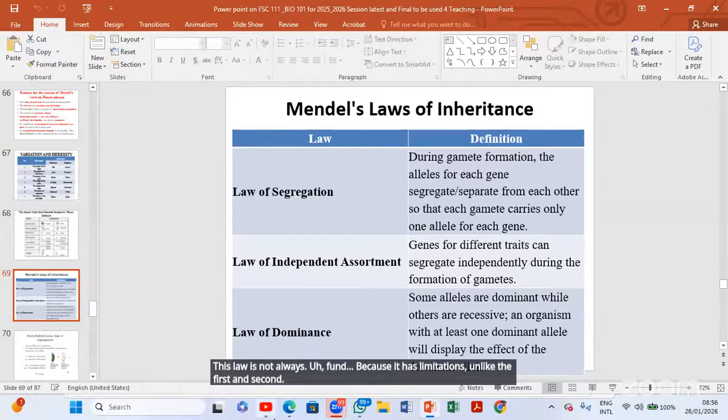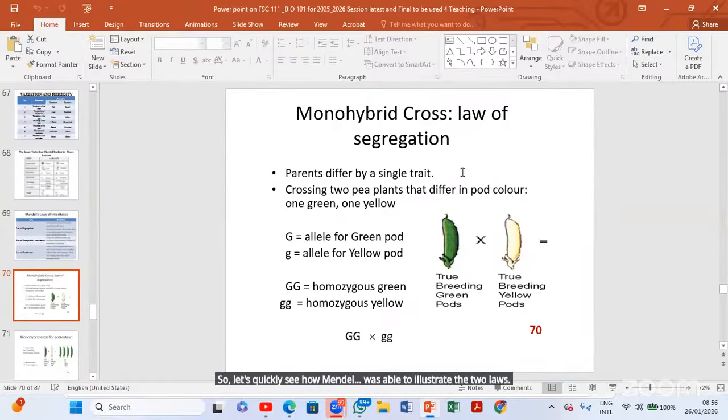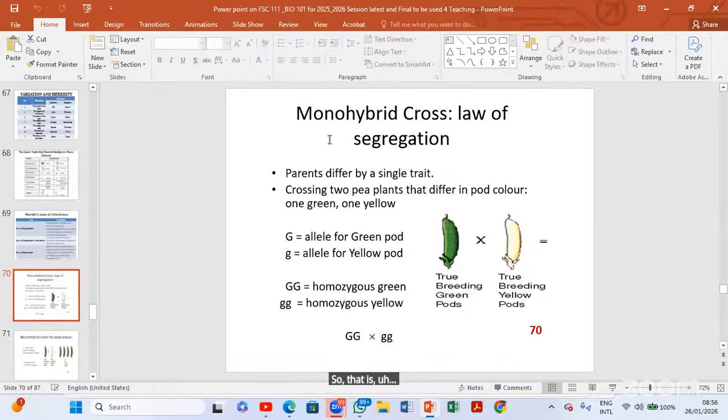So let's quickly see how Mendel was able to illustrate the two laws. The first law, which is the law of segregation, he illustrated by using a monohybrid cross. Now we know what a monohybrid cross is all about. That is a cross between two individuals using a character, mono, one trait.